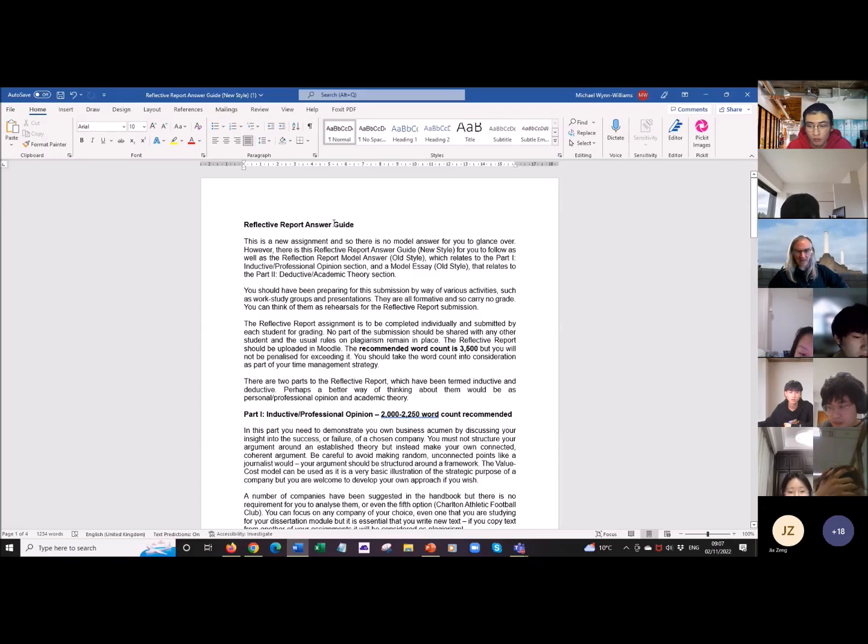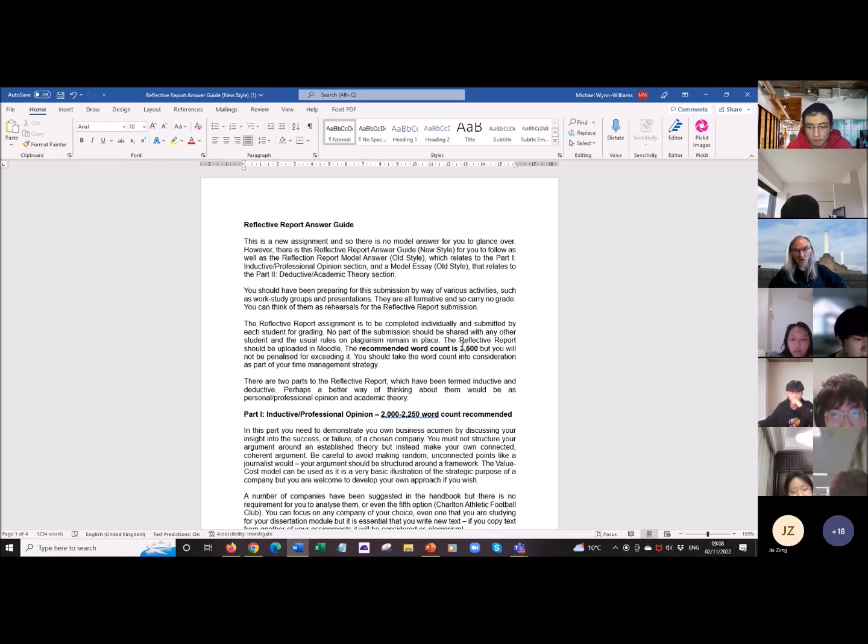We've got a preamble here explaining what this answer guide is trying to do and how it's combining the old style reflection report and the old style essay. It's telling you the word count is 3,500 words. It's also explaining to you that this is only a recommended word count. It is not a word limit.